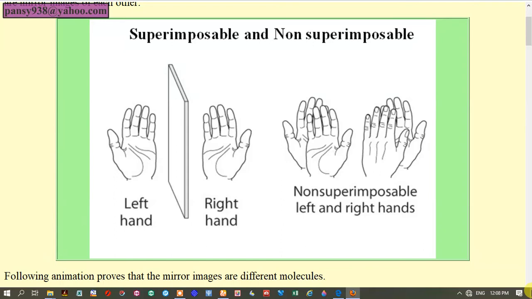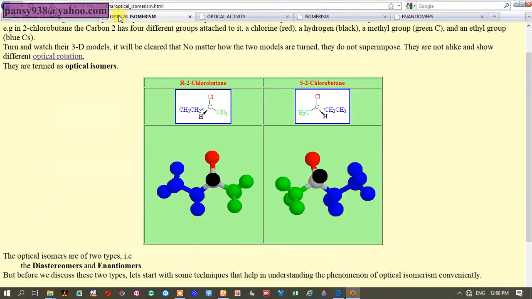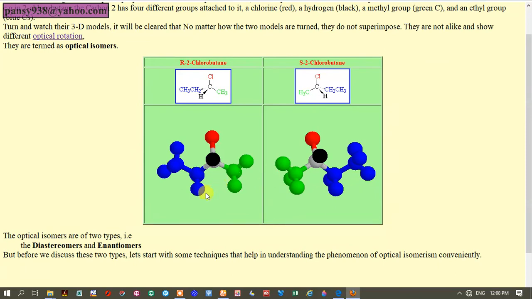That is, if one of the compounds is placed in front of a mirror, its image in the mirror will be created like the second one.